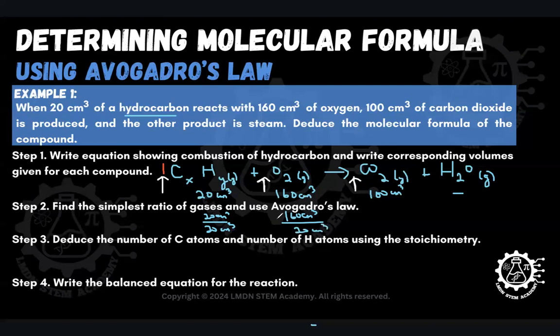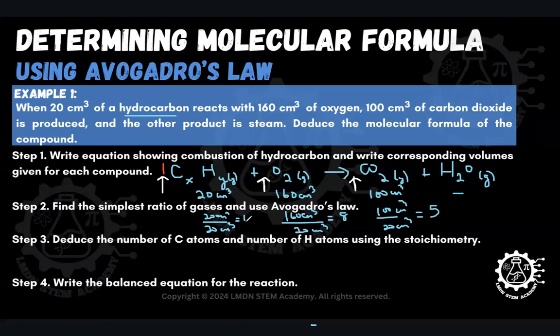So this was 1, and this would give us 8. And then similarly for the 100, if I do 100 divided by 20 cm³, I'm going to get that there's a 5 there.